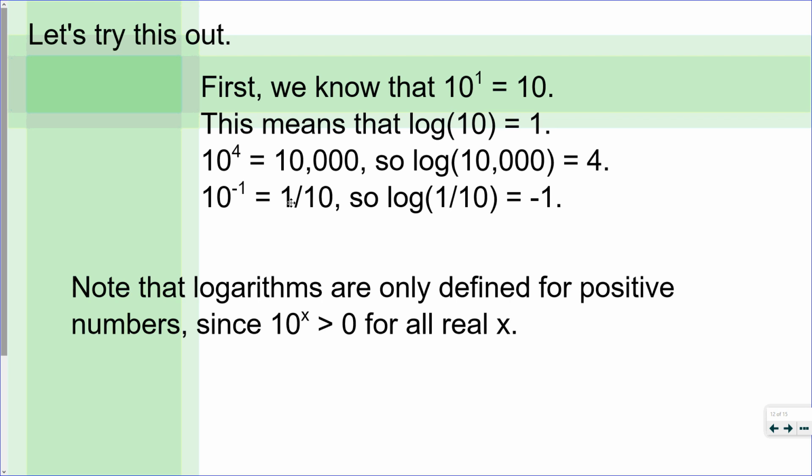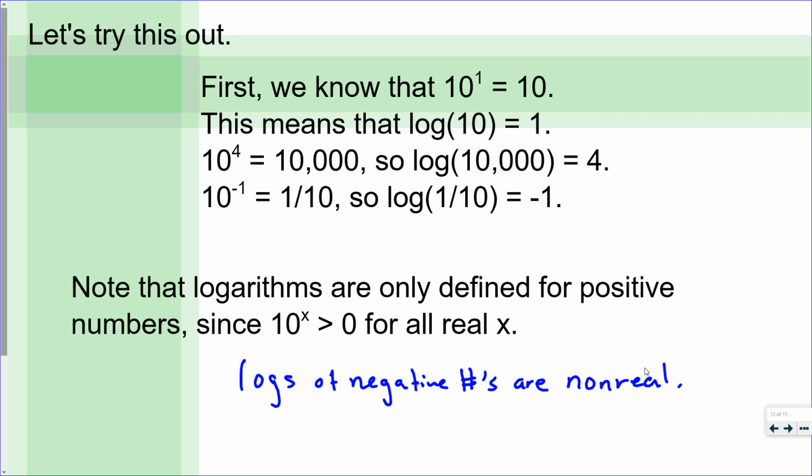So here's the thing. If you recall before, remember how we said that exponents, when you apply an exponent to a number, even if it's negative, it produces answers that are positive. That means that logarithms are only defined for positive numbers. So let me say this nice and loud. Logs of negative numbers are non-real.